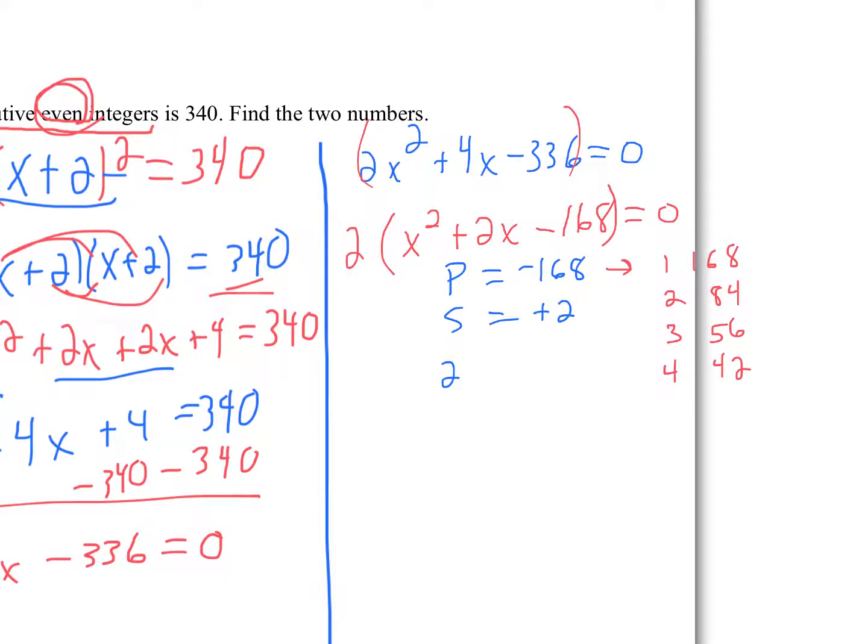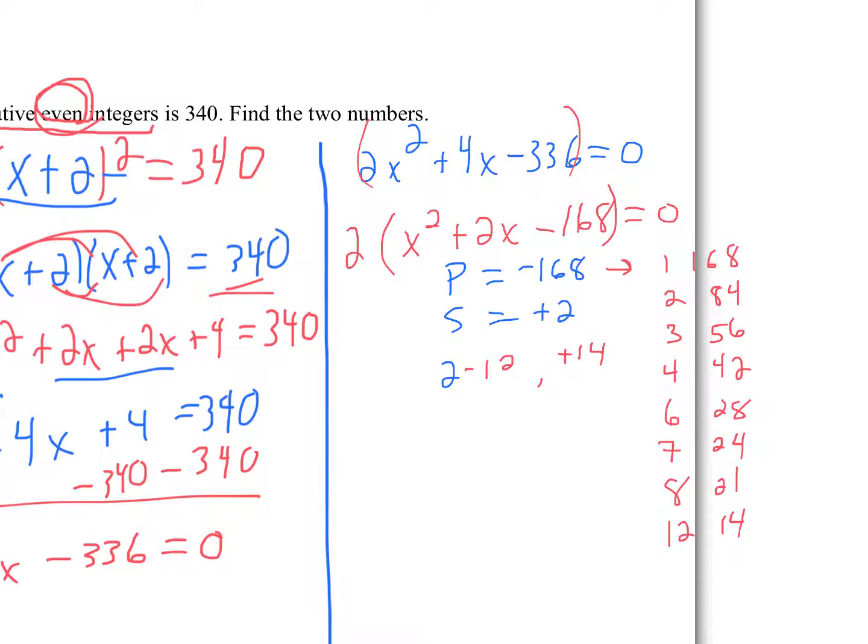Certainly not. 6 and 28, nope. 7 and 24, we're getting there, but no. 8 and 21, nope. 9, nope. 10, no. 11, no. Then we get to 12 and 14. That looks good. Now I need a positive 2, so plus 14 and negative 12.